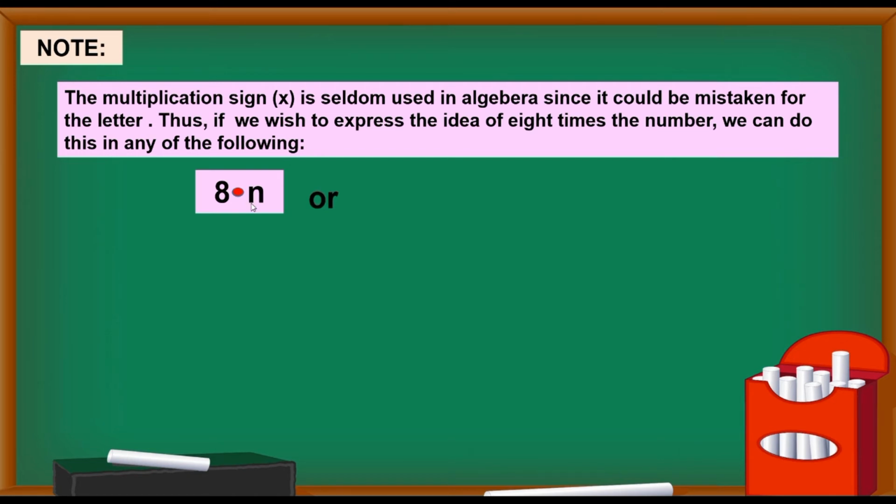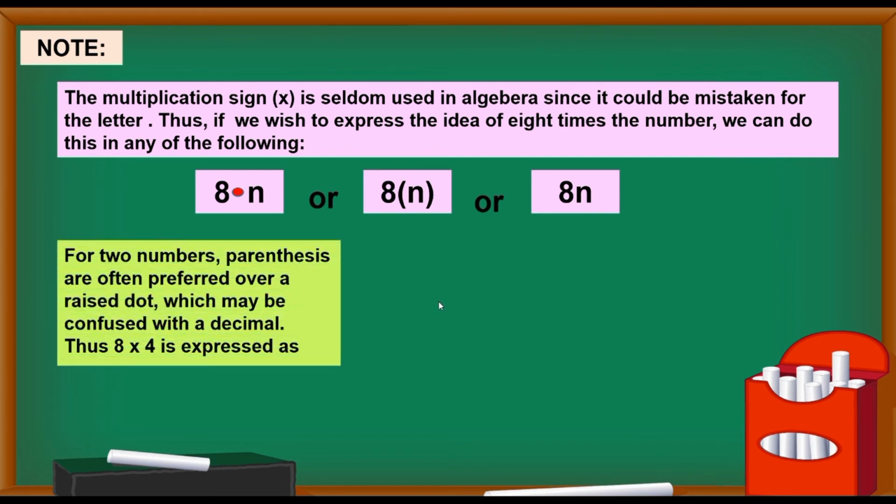Or, pwede rin naman tayong gumamit ng ating parenthesis. So, 8 times n. Or, pwede rin namang pagdikitin na lang po siya since number at letters. So, tandaan natin, kapag magkaiba numbers at letters, pwede nating pagsamahin na lang po siya. Next one, for two numbers. Okay yan, kapag dalawang number o higit pa, parentheses are often preferred over a raised dot, which may be confused with a decimal.